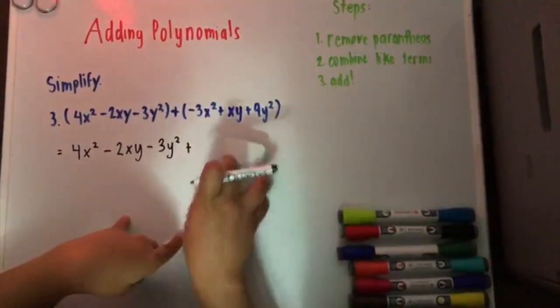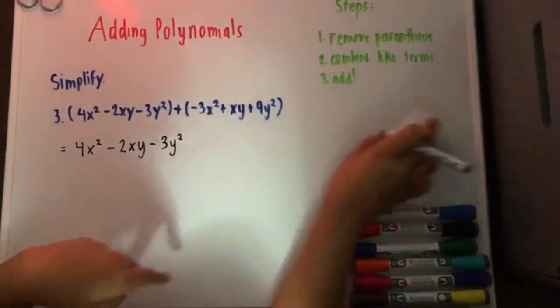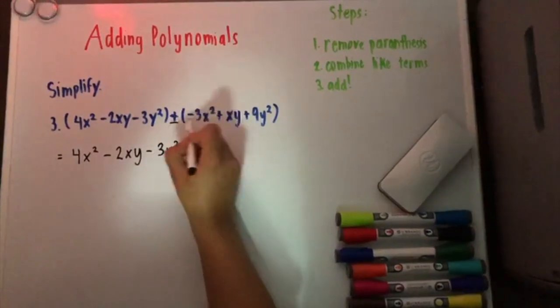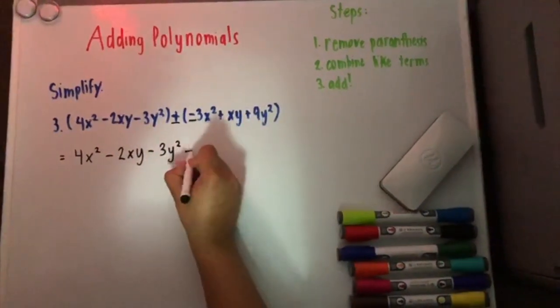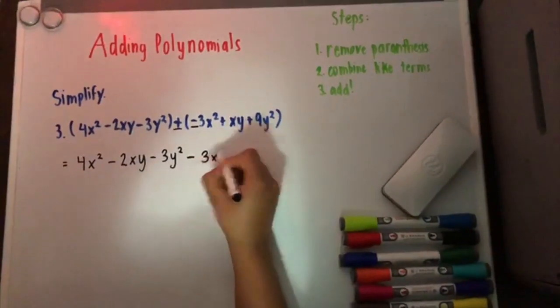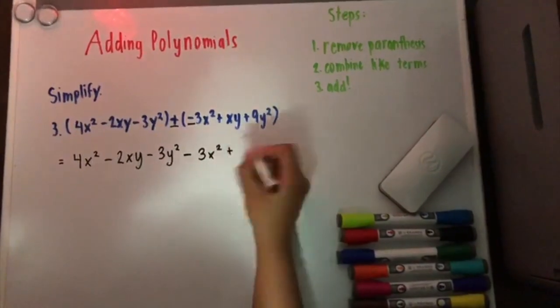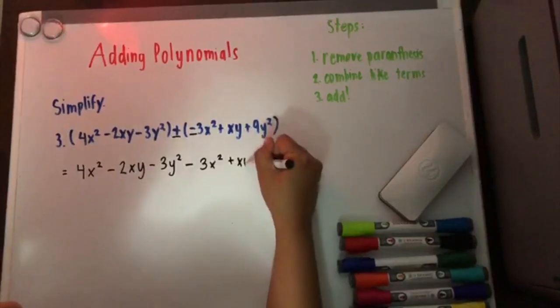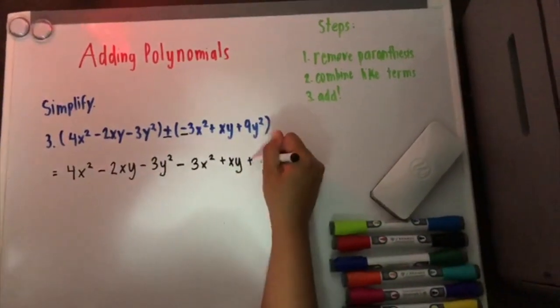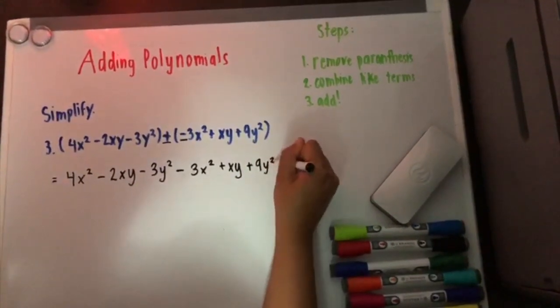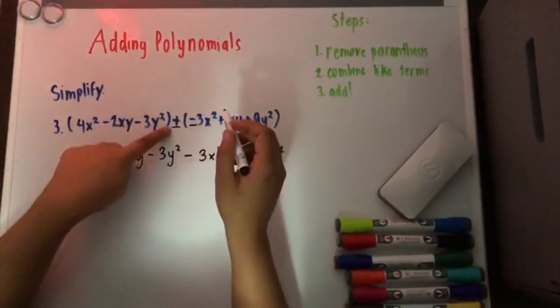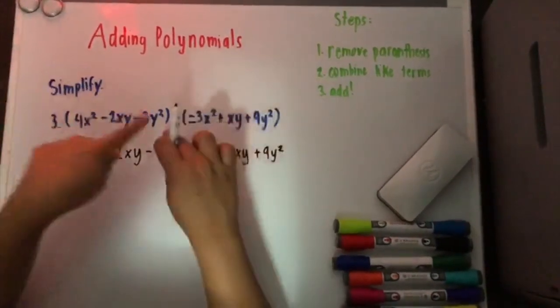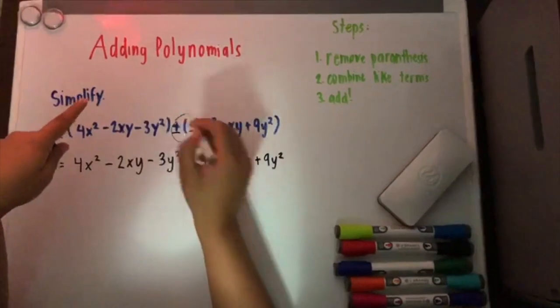Oh, and see, this part, plus and the minus will be minus, right? A negative and a positive is a negative. So this we just write out plus 9y squared. So remember, this is an important part actually.